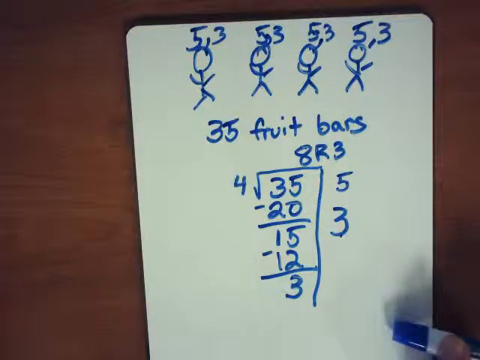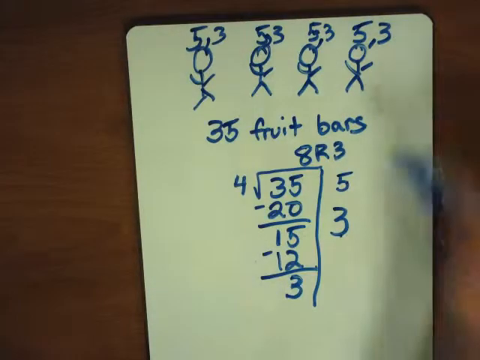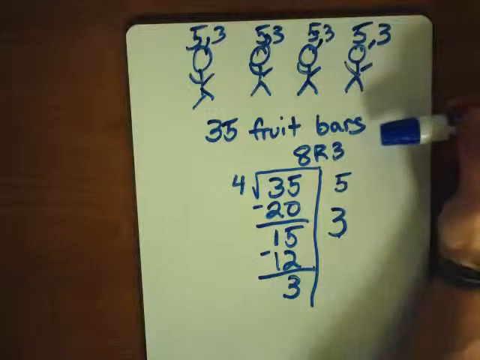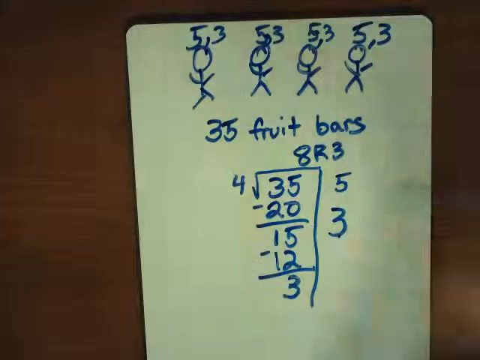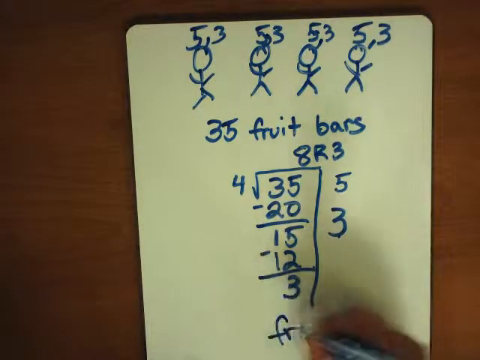Okay? I would express this one as a fraction because these boys right here, can I break up fruit bars without killing them? Like if I broke a person up in half? Yeah, right? These 4 boys right here, wonder who's going to get those 3 extra fruit bars, right? So this would be a circumstance where you report it as a fraction.